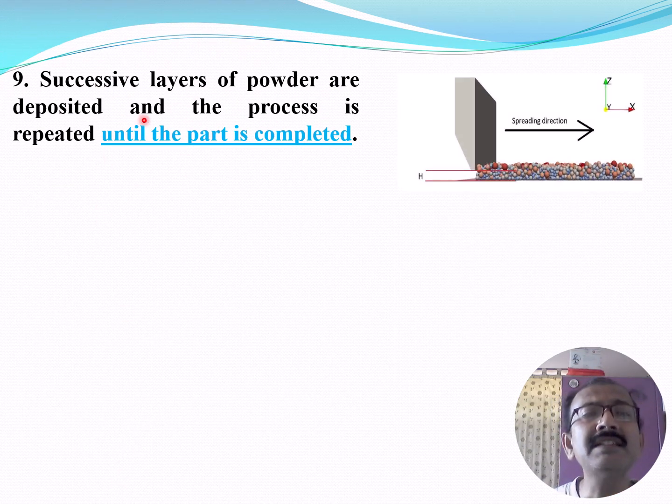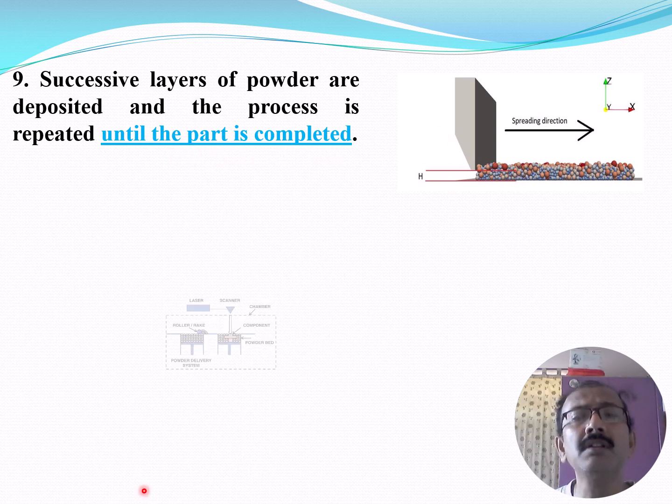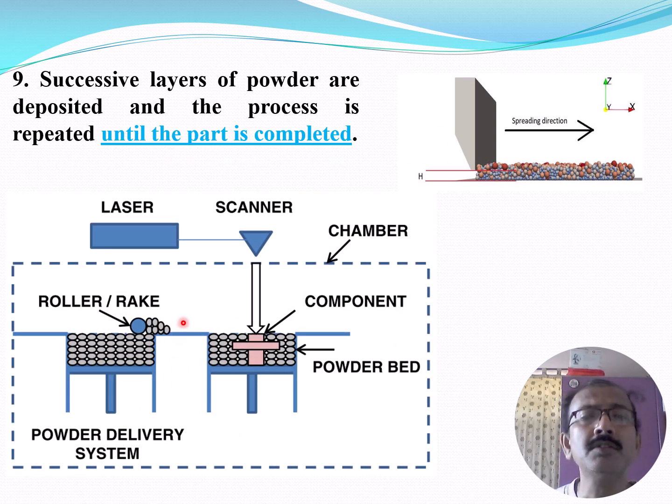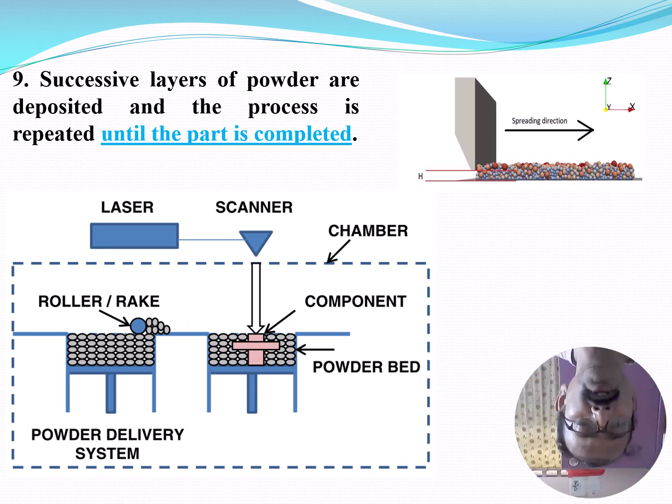Successive layers of powder are deposited and the process is repeated until the part is completed. This is the diagram. This is the laser scanner deposition, and this is the chamber. This will be fused, and with the help of the roller another powder material will be deposited on that layer. In this way the entire system goes on.